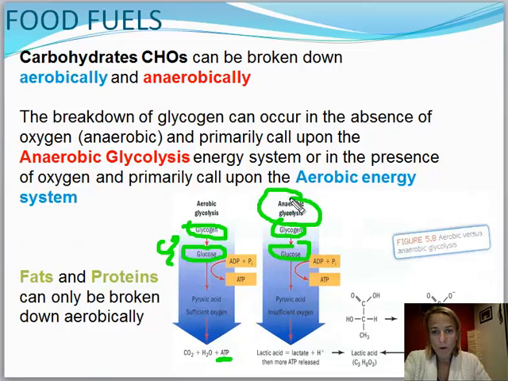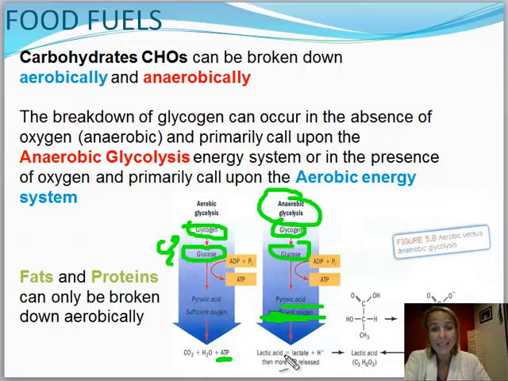In our anaerobic energy system, when we break down our glucose, it's also broken down into pyruvic acid. However, when we don't have enough oxygen, we produce lactic acid.